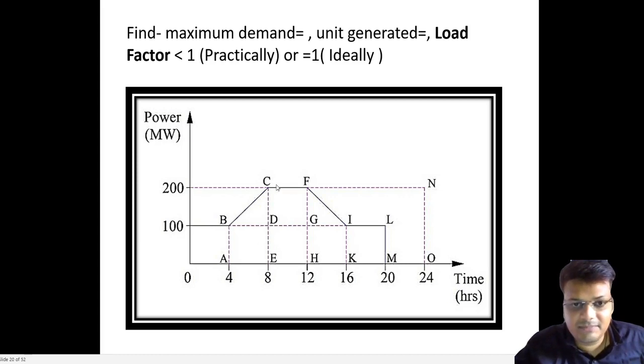So we calculate the area under the curve, which is the units generated, divided by 24 hours for a daily load curve, and we get the average load. Divided by the maximum demand, that is 200, we get the value of the load factor. Now we observe it is coming less than 1. Practically we get a value less than 1, and ideally it is equal to 1.